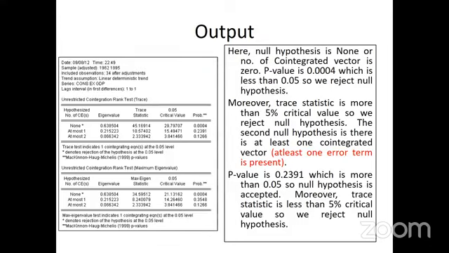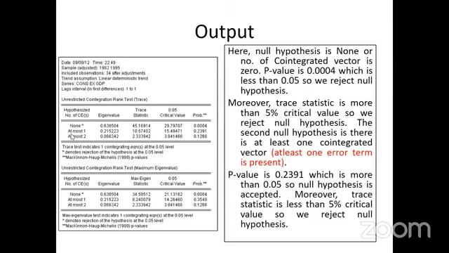But we have to proceed in a particular way, so let's understand how to read this table. The first hypothesis is there is no co-integration equation. P-value less than 0.05, reject it. So the first hypothesis, none, is rejected.